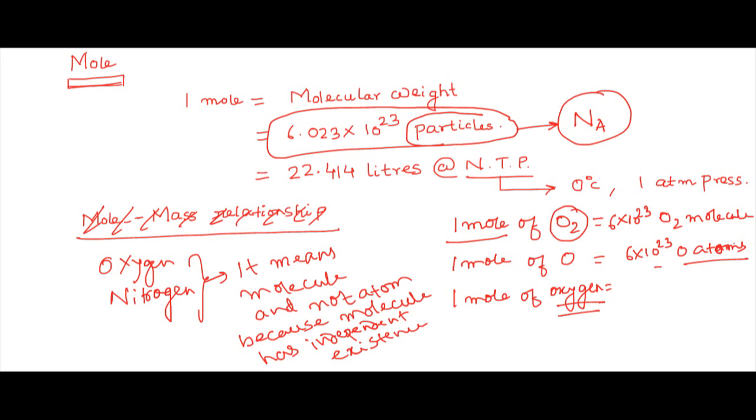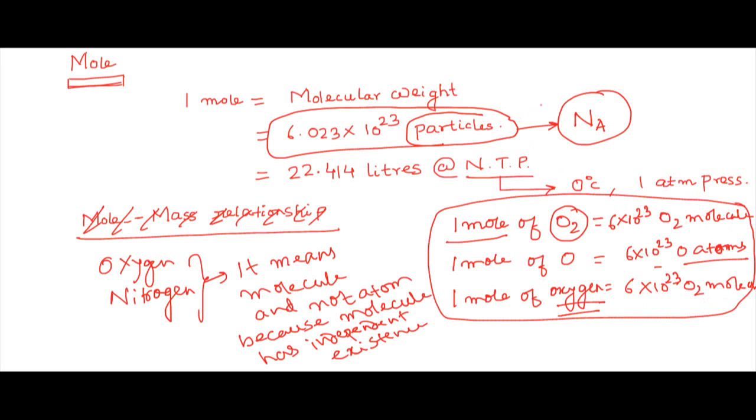Atoms do not have independent existence. So when I say oxygen, that essentially means molecule. So in this case, it will again be 6 into 10 to the power 23 O2 molecules. This is just an instance where I have used the concept of Avogadro's number.